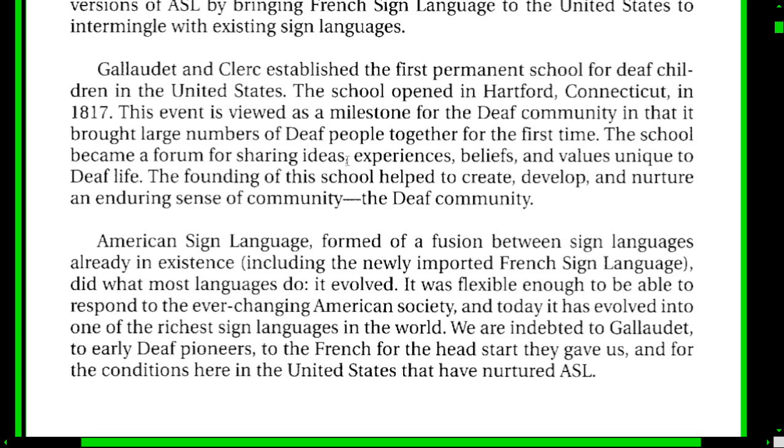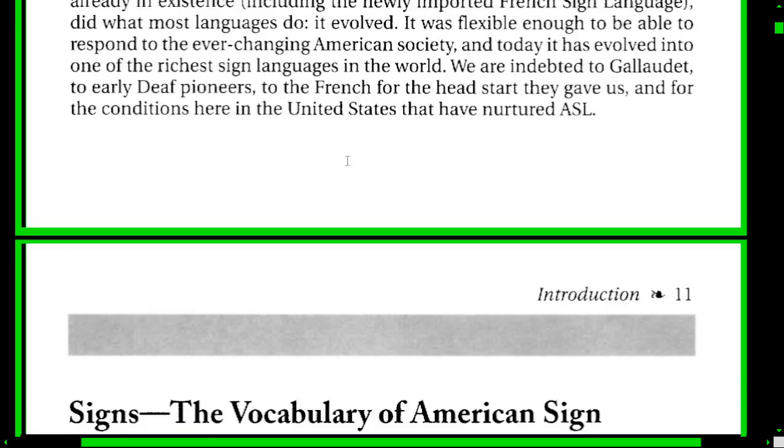It did what most languages do: it evolved. It was flexible enough to respond to the ever-changing American society, and today it has evolved into one of the richest sign languages in the world. We are indebted to Gallaudet and to early deaf pioneers, the French, for the head start they gave us, and for the conditions in the United States that have nurtured ASL.